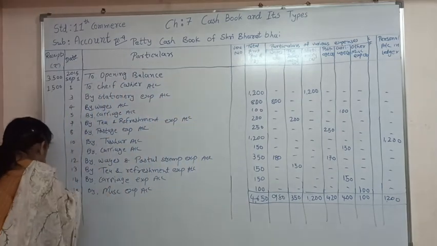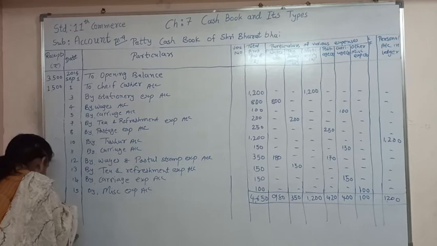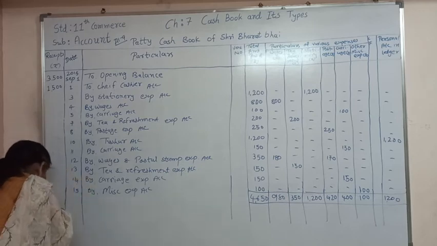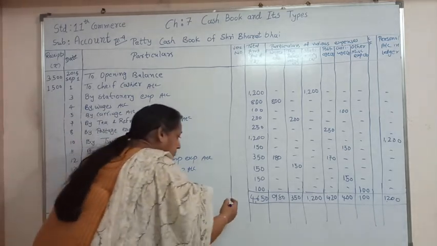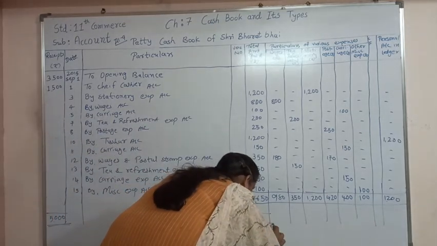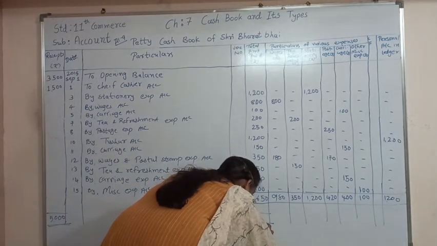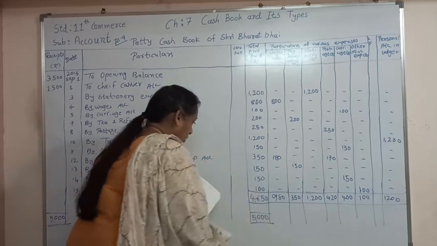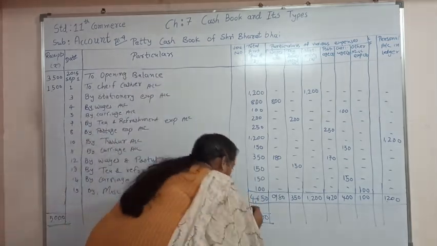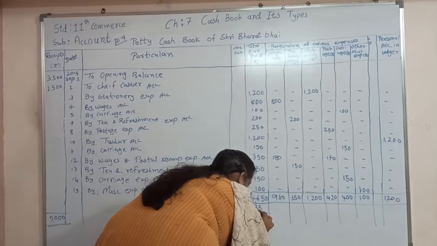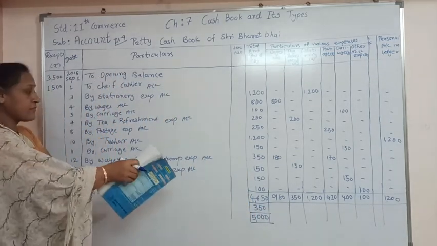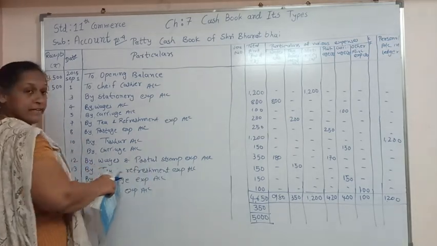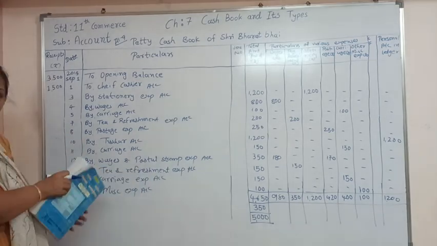Now from this total expense we are going to deduct from the total cash. The total cash with us is 5,000. So we keep this 5,000 over here, and from this 5,000, if we deduct 4,650, we get 350. So this is the cash on hand, the cash we have on hand at the end of the first fortnight.